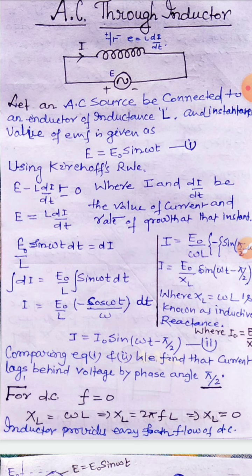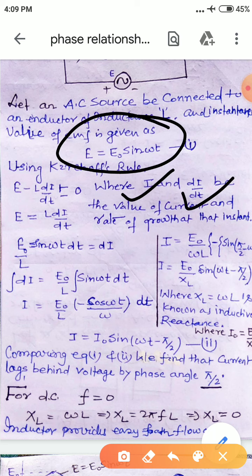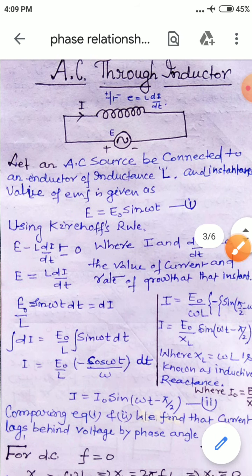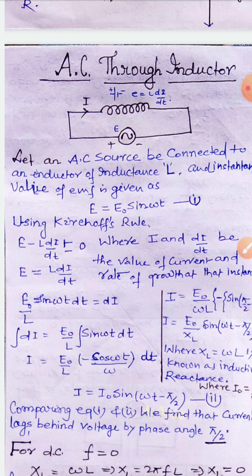Now if E equal to E naught sin omega t is the instantaneous value of EMF, and di by dt is the rate of growth of current at that instant in the circuit, then the induced EMF in the circuit is given as E is equal to minus L di by dt. The negative sign here shows the opposing nature of the induced EMF.